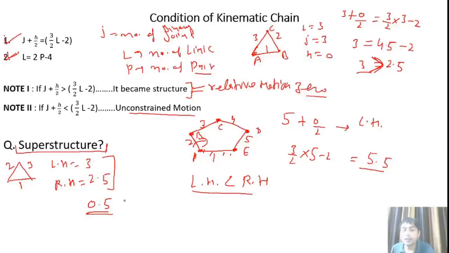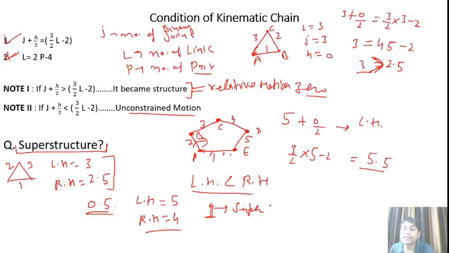Suppose in any arrangement the left hand side is equal to 5 and the right hand side is equal to 4. Then what is the difference? The difference is 1, which is more than 0.5.